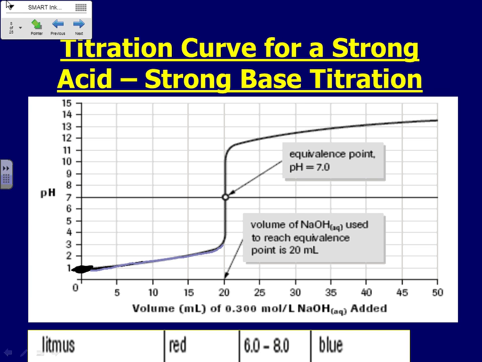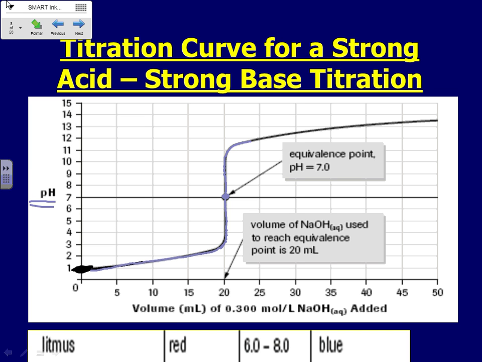Once we get very close to the equivalence point, the pH starts to dramatically increase, and it's the steepest at the equivalence point. Now remember, pH is a logarithmic scale, which means we are dealing with powers of 10 when we're graphing this pH.